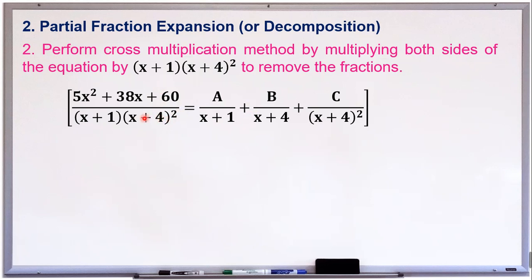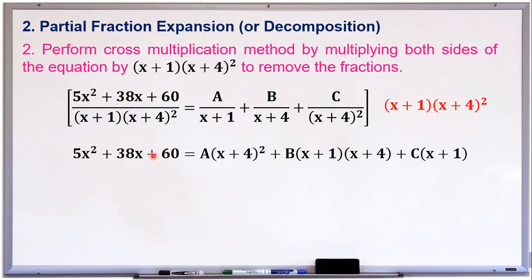What's left is the expression in the numerator. And then for the first term of our partial fraction, what's left is only the factor x plus 4 squared. And then for B, we have x plus 1 and x plus 4. And then for the last partial fraction, for C, x plus 4 raised to the power of 2 will be cancelled out. So what's left is x plus 1.